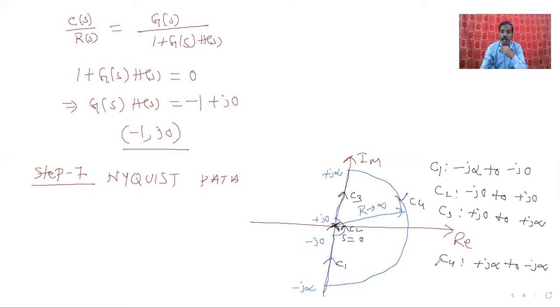This is the Nyquist range, so this path is called the Nyquist path.